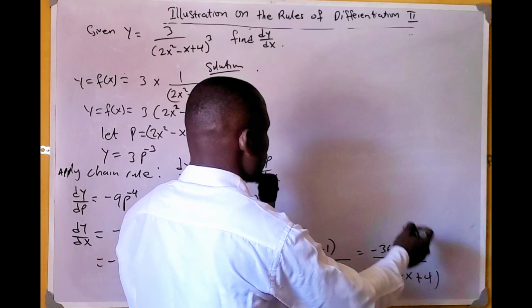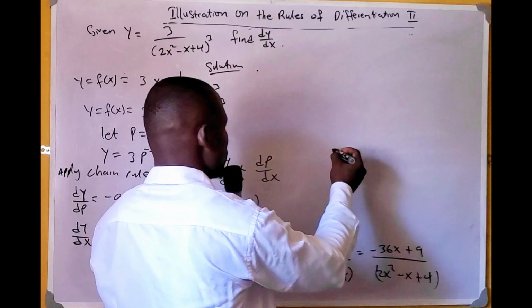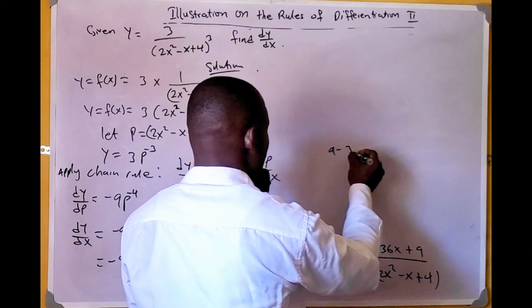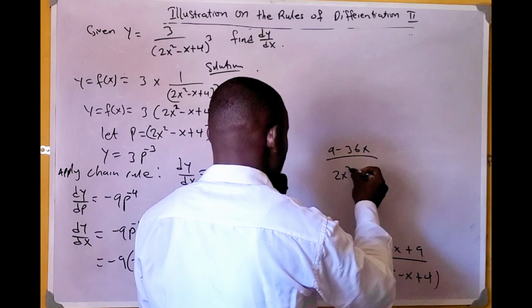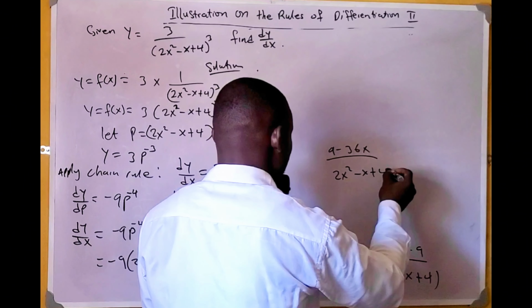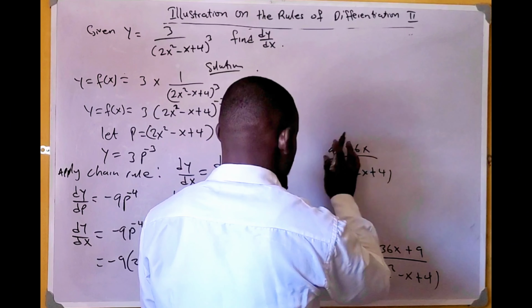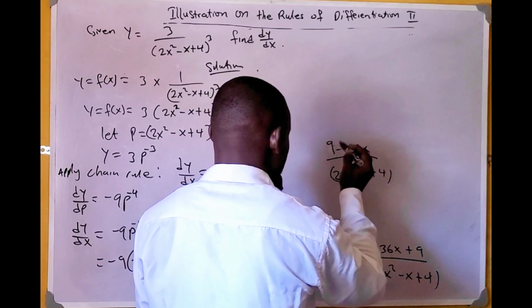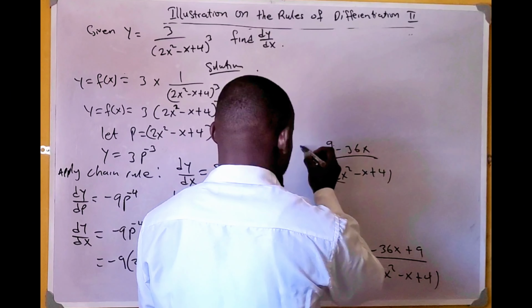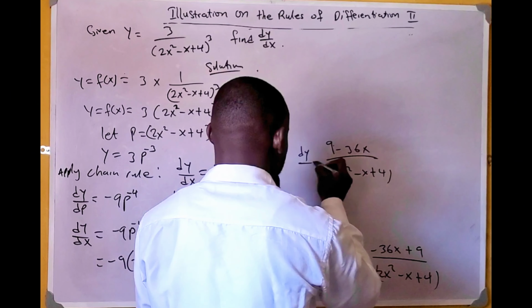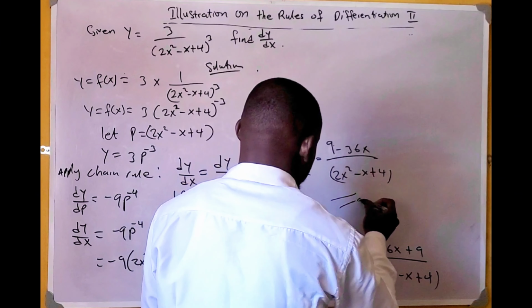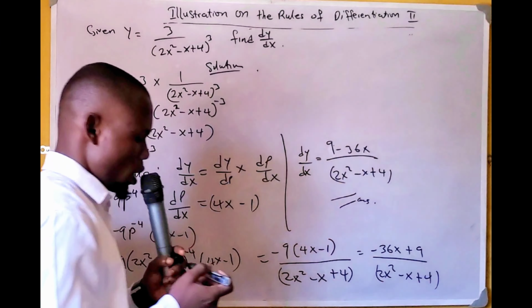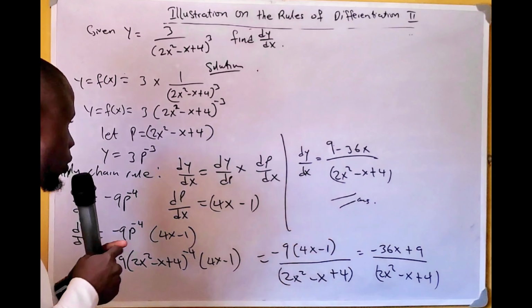And this can be written as 9 minus 36x over 2x squared minus x plus 4. This 9, this 9, not 8, this 9. And these are dy/dx. And that is the answer to the second question.